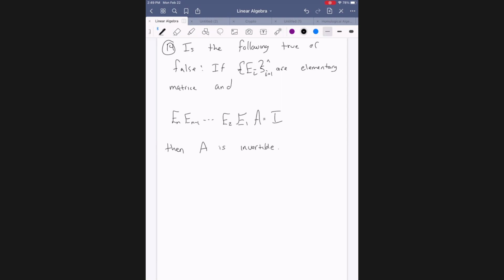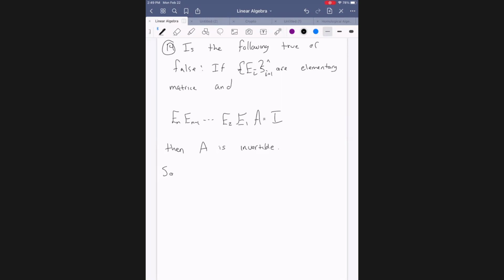Just remember another result: are elementary matrices invertible? Okay. So what can I do to this equation to be sure that A is invertible? What if I just multiply both sides by the inverses of each elementary matrix?